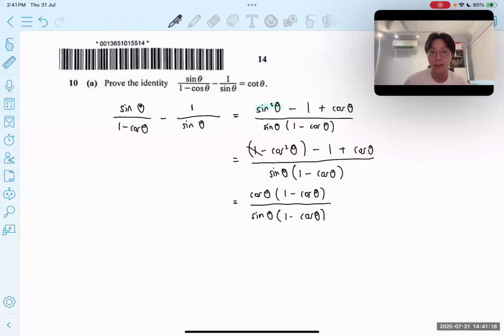So it's just a simple cosine theta over sine theta, which gives us our cotangent theta. And finally, we can write a proven to show that we have proven that the left-hand side is equal to the right-hand side.